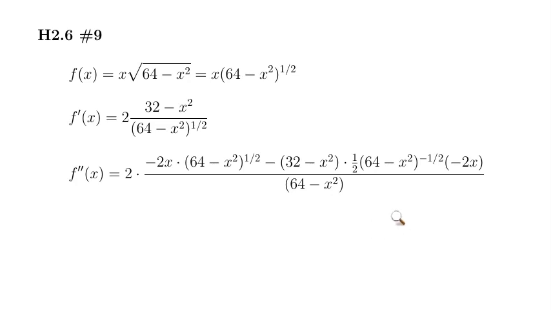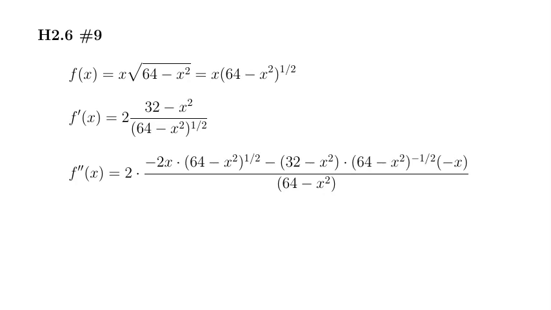First I can cancel the 2 on top, and then there's a 2 on the bottom, so I'm going to go ahead and get rid of that. So you end up with this. Another thing we can do, let's see, what's in common? You have x here and x here, and also the negative sign.